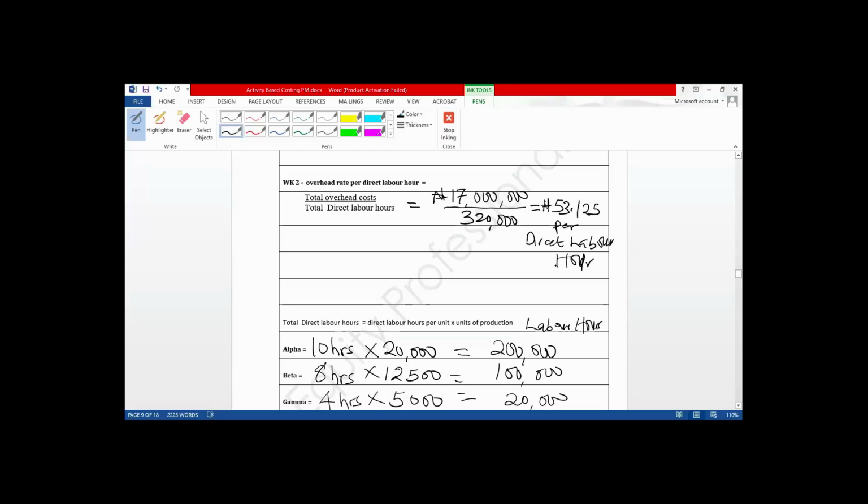That is your basis of allocation: 53 naira 0.125 kobo per direct labor hour.